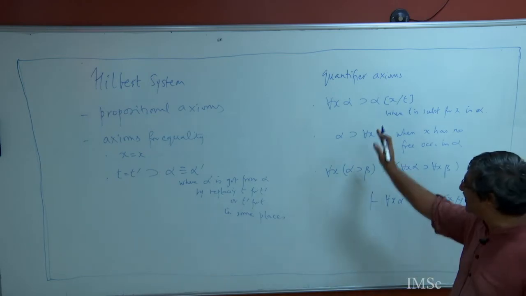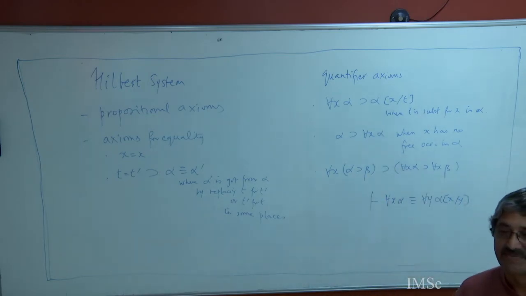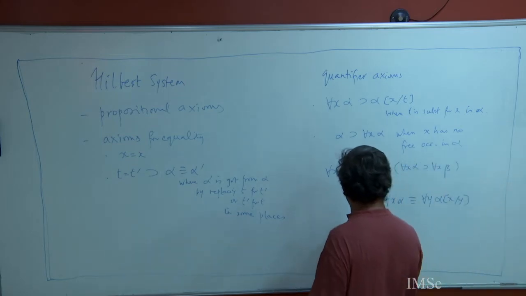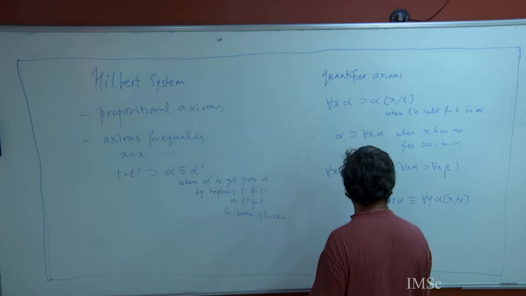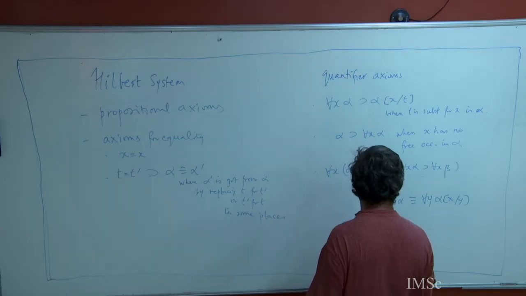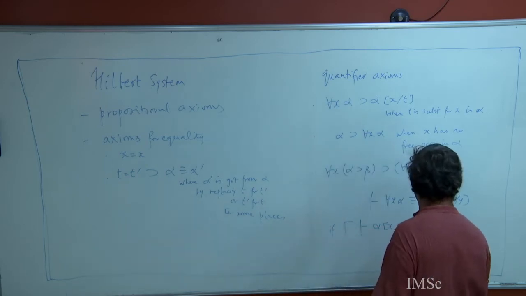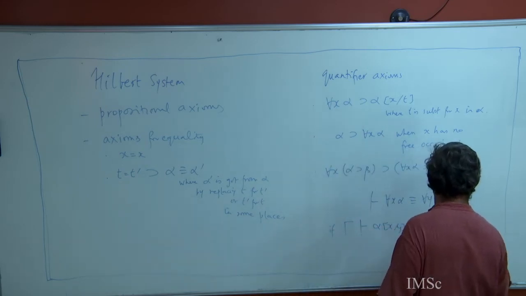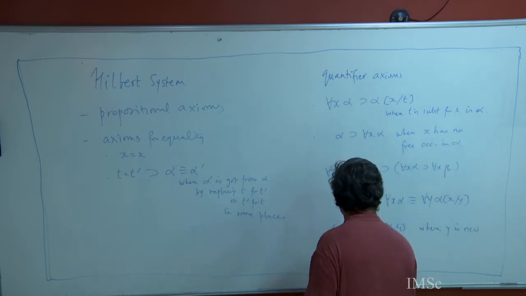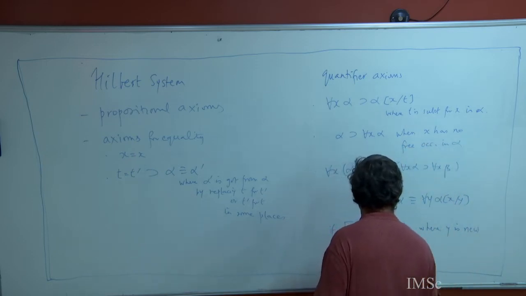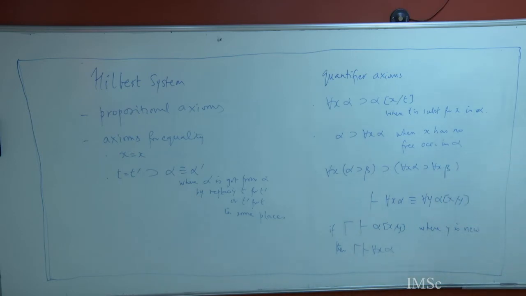To derive this, we used all the three axioms, and from that, we actually show that whenever gamma derives alpha with x replaced by y, where y is new, then, yeah, this is the generalization from constants but written for variables, and that's it. And with that, we can actually do the completeness proof.